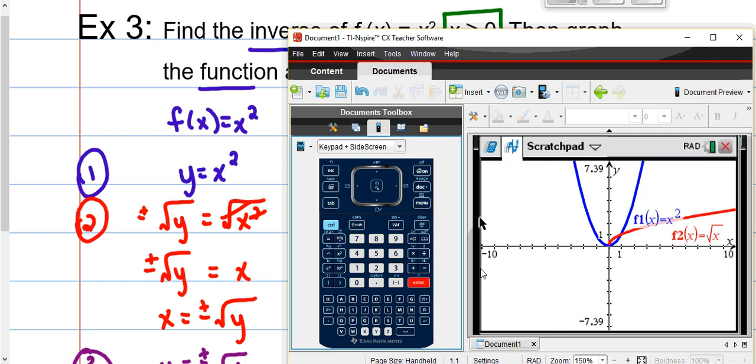Alright, so you notice the x squared is the parabola, but they told me to only do when x is greater than 0, so I just want x greater than 0 right there. I only want that part, so I don't want the left side.